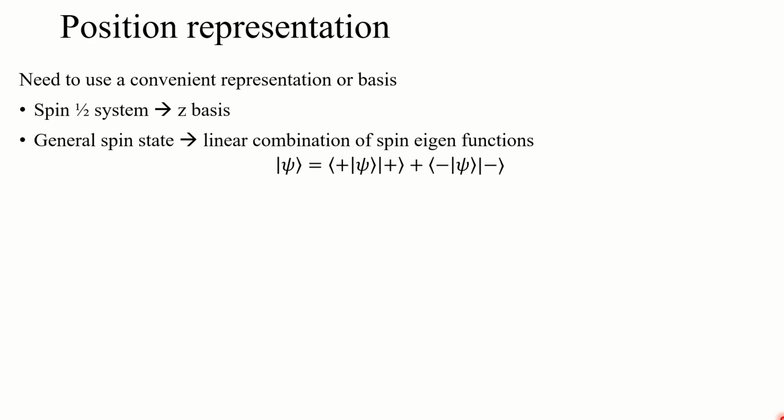The general state ket was some constant, which was the projection of the state ket onto the spin up state, times the spin up ket, plus the projection of that state ket onto the spin down bra times the spin down ket.